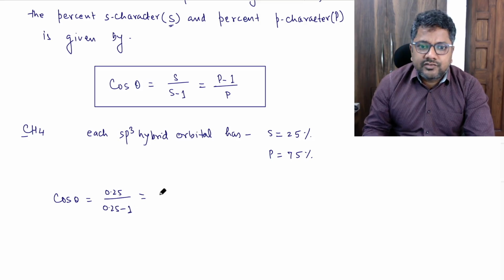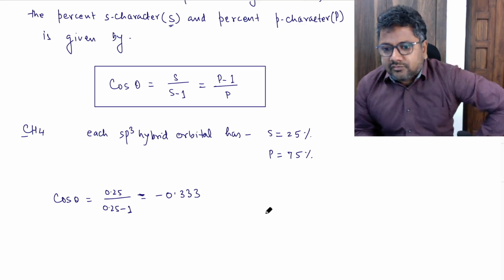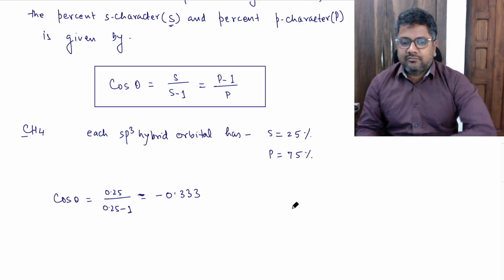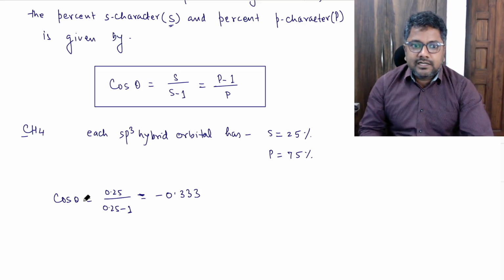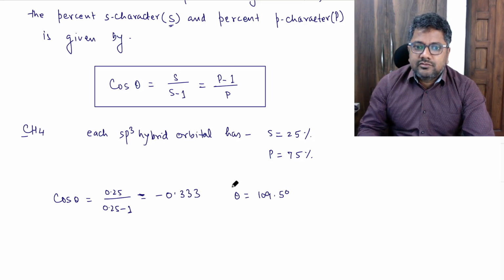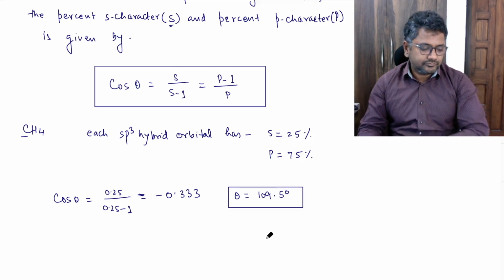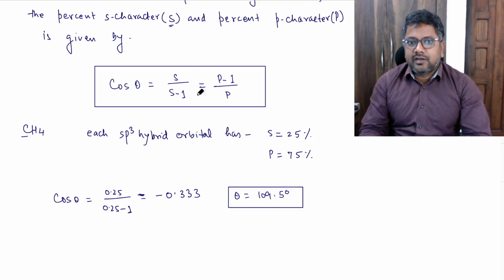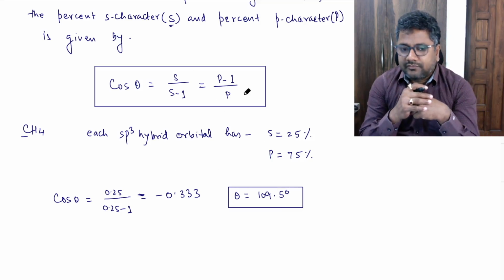After solving, we get minus 0.333. So theta is equal to 109.5. So we prove it with this formula, no problem with this formula.